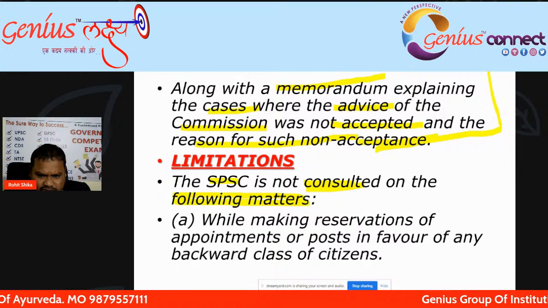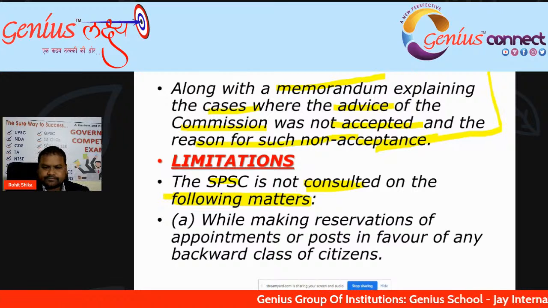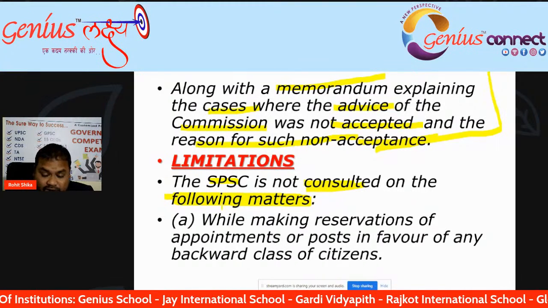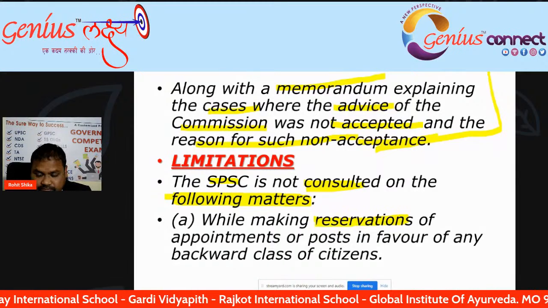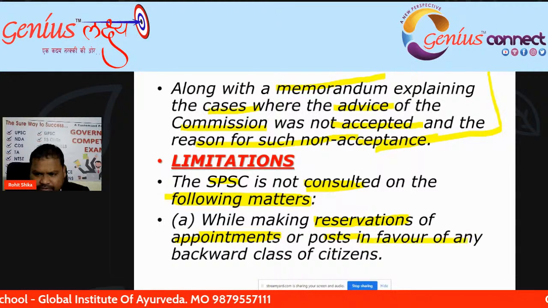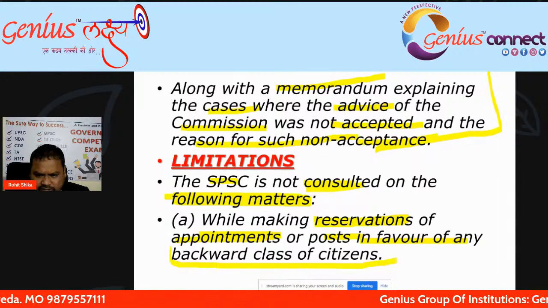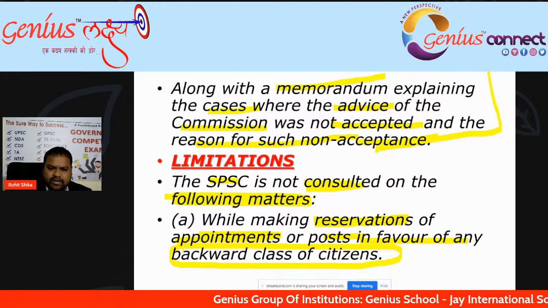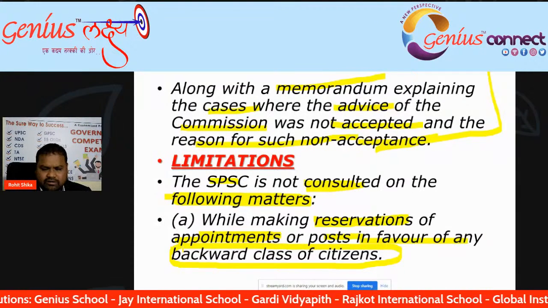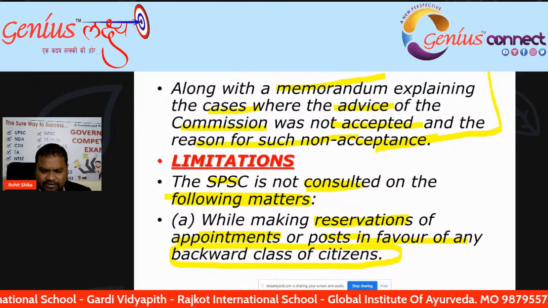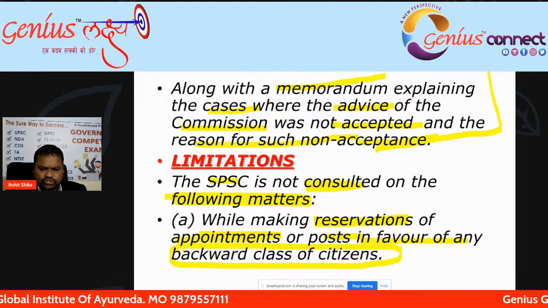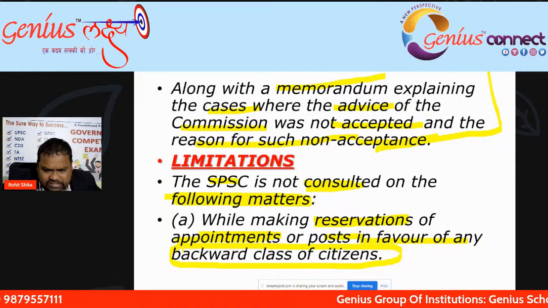Means government does not consult State Public Service Commission on various matters like while making reservation of appointments or posts in favor of scheduled caste and scheduled tribe people.